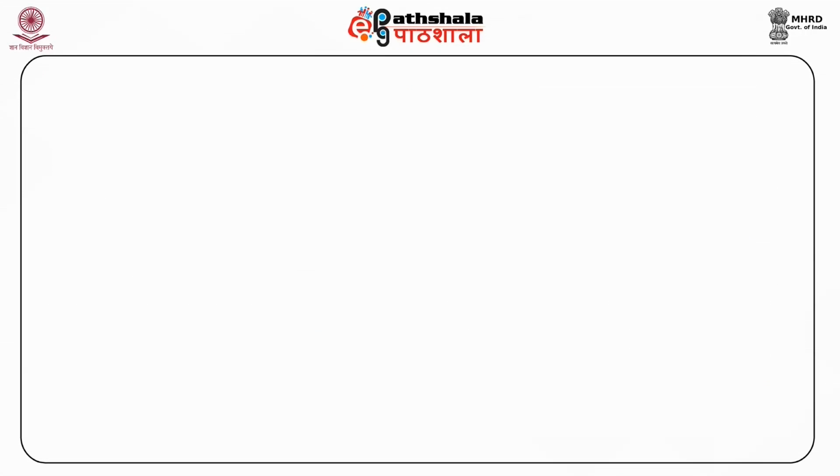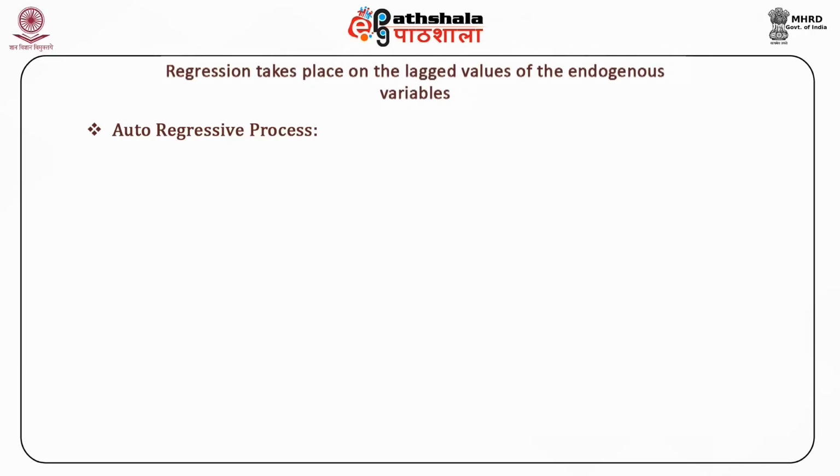Now let us move on to the concept of autoregressive processes. These processes are the ones in which regression takes place on the lagged values of the endogenous variable itself. Let us take the example of the random walk model yt is equal to beta yt minus 1 plus ut.